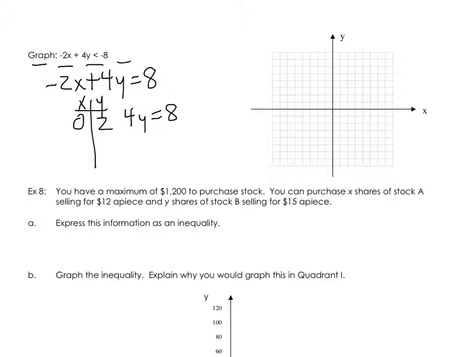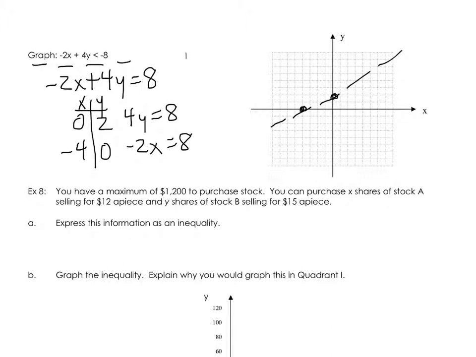Y is 2. Let y be 0. If y is 0, we get negative 2x equals 8. Divide both sides by negative 2, and you get negative 4. So we have 0, 2, and we have negative 4, 0. Our boundary line is not part of the solution.